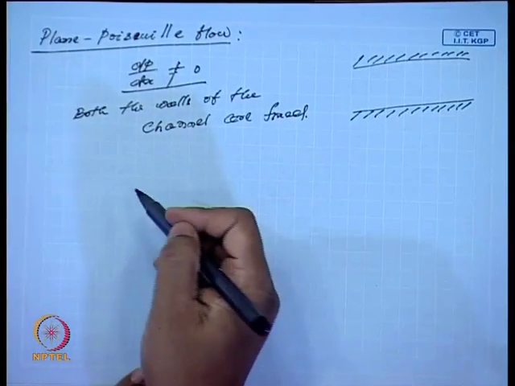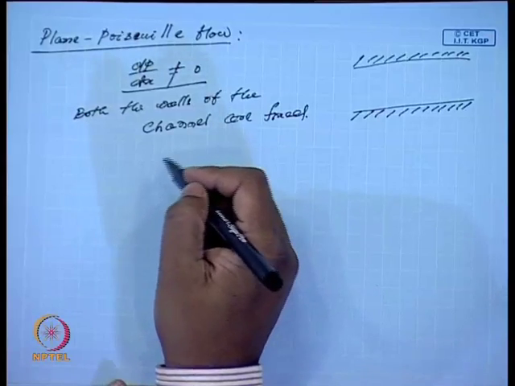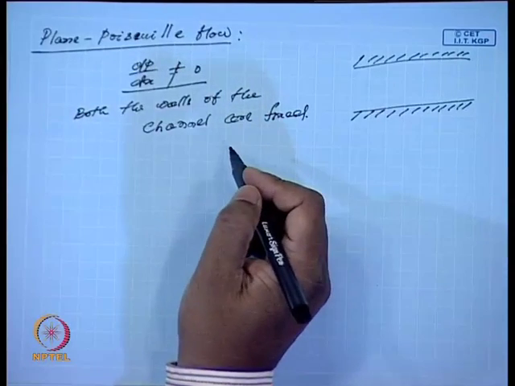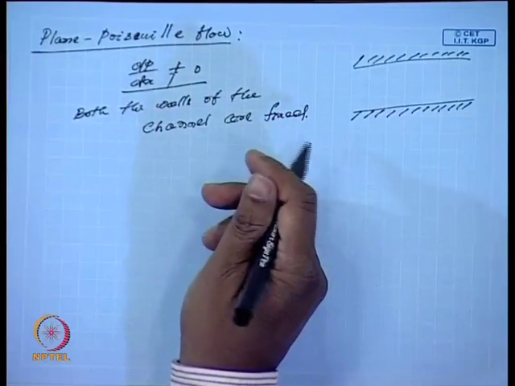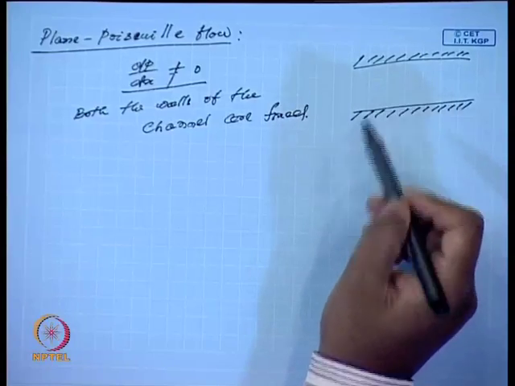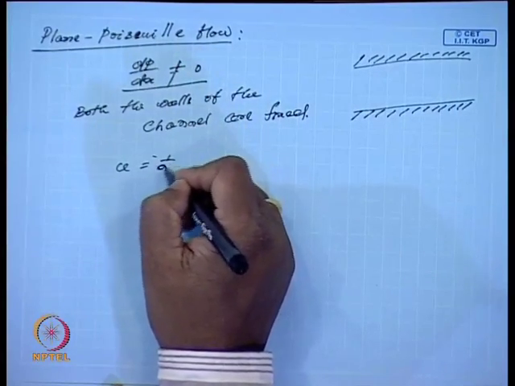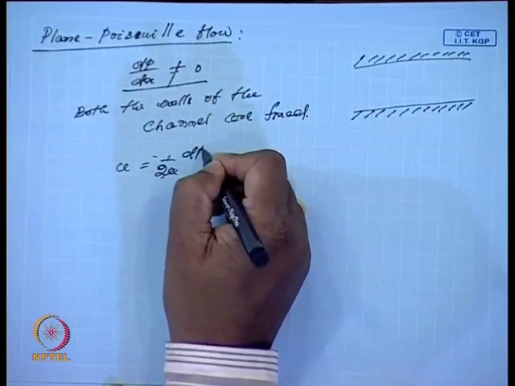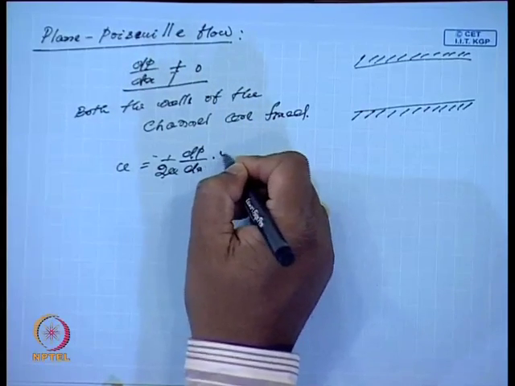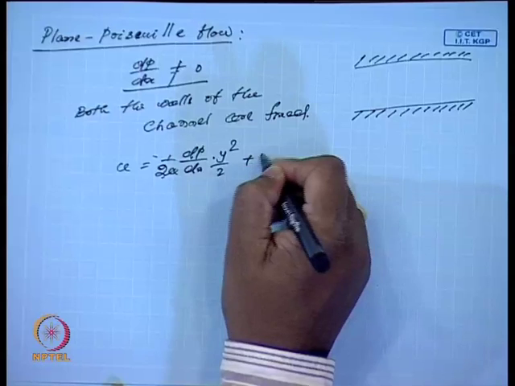Then if you go to the general solution that we have just derived for a one dimensional flow between two plates, we have already seen u is equal to minus 1 by 2 mu dp by dx y square by 2 plus a y plus b.